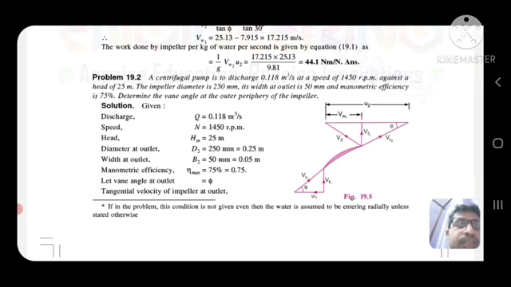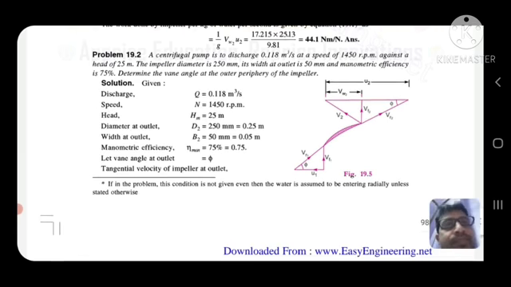As in the previous problem, first you have to draw the diagram. Q is equal to 0.118 meter cube per second. Speed is equal to 1450 rpm. HM is equal to 25 meter.